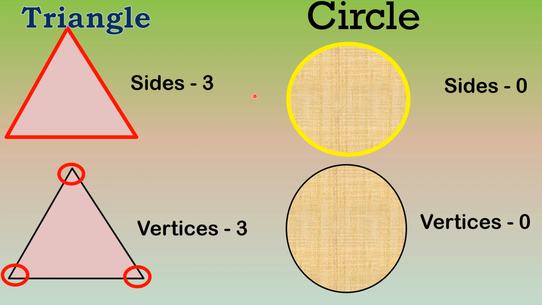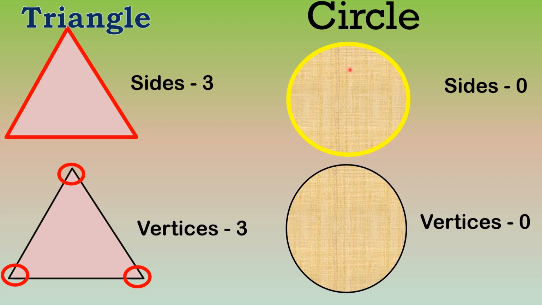Now move to the next plane shape, that is circle. So this plane figure is called circle. Have you seen some objects which are circular in shape? Bangle. Some clocks are also circular in shape. Ring.